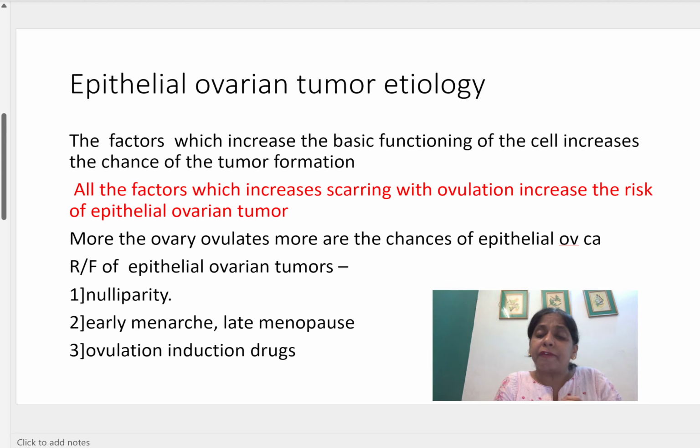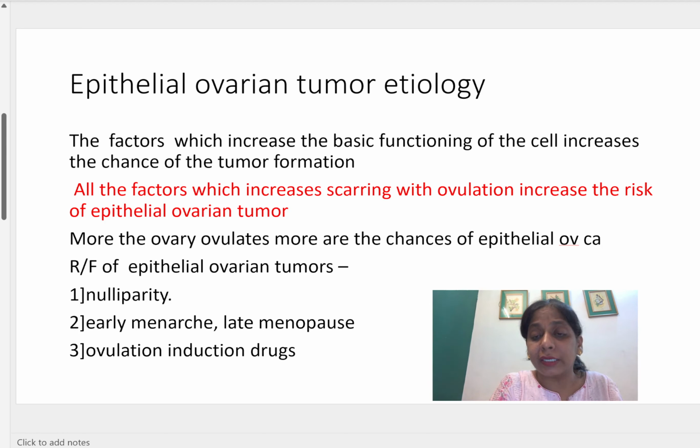Now all those factors which increase ovulation will increase the function of the epithelium, and they will put the patient at risk of epithelial ovarian cancer. So over-functioning puts the patient at risk of epithelial ovarian tumors. The more the ovary ovulates, the more the chances of epithelial ovarian tumors.